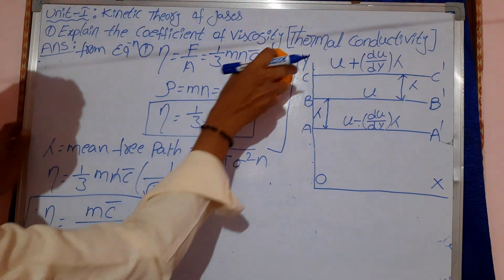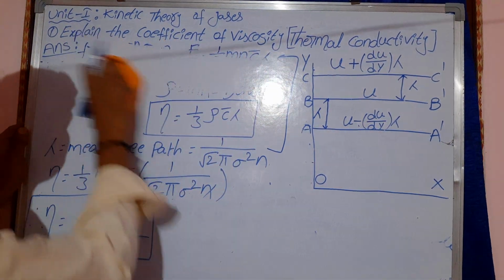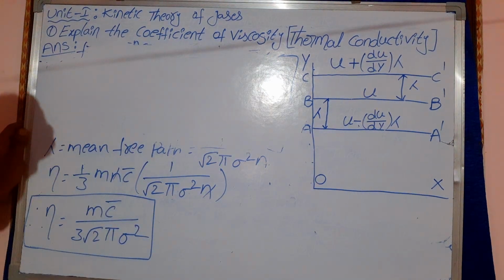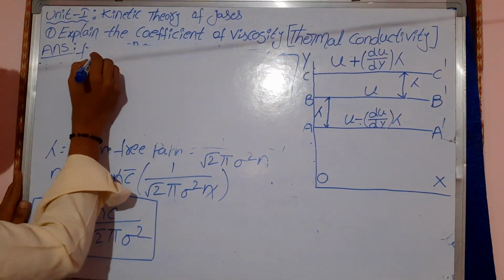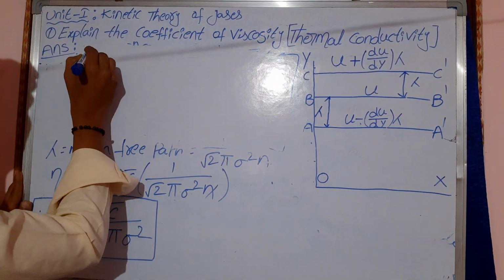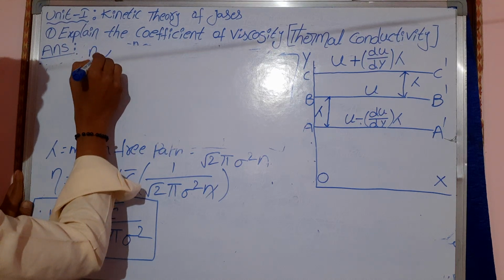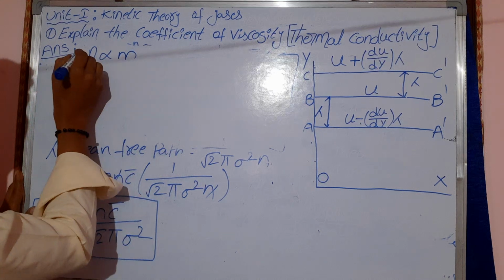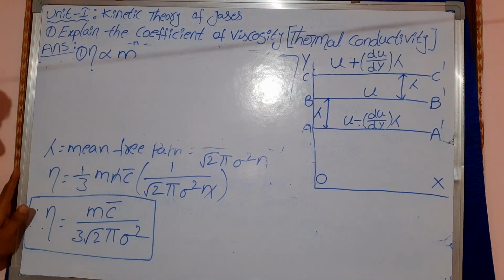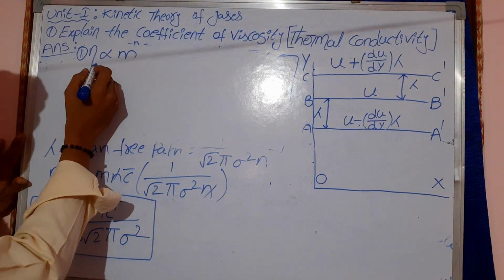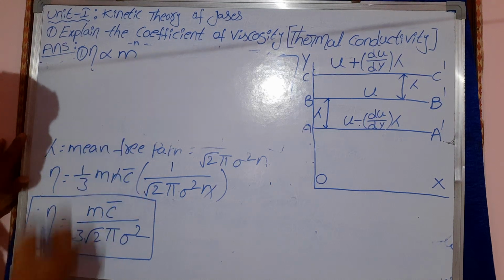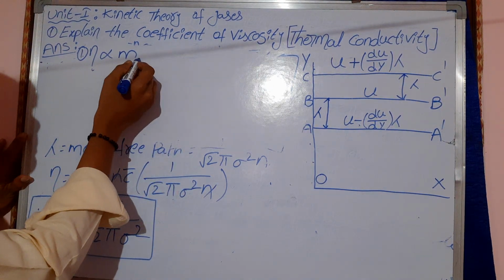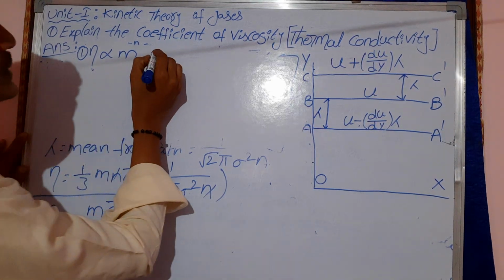So eta is depending on the mass. First conclusion: eta is directly proportional to mass. Eta, the coefficient of viscosity, is directly proportional to mass.